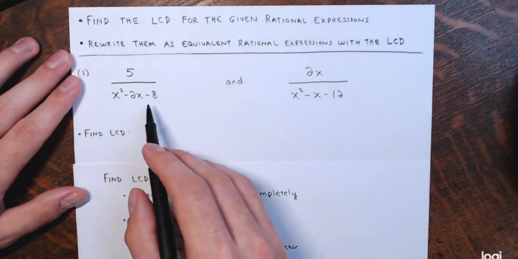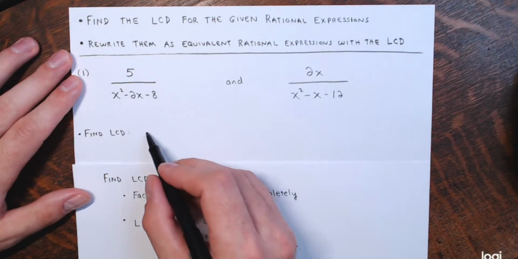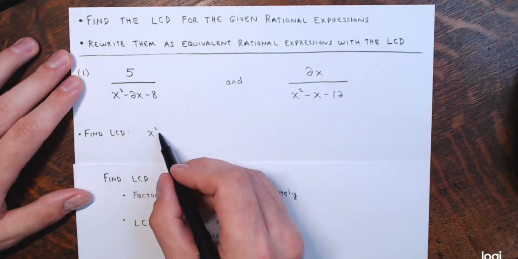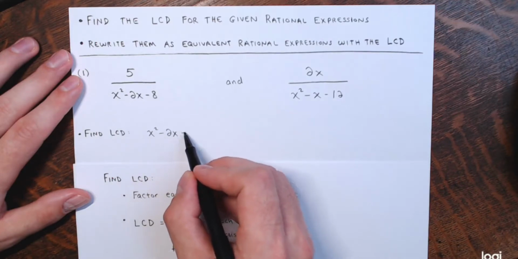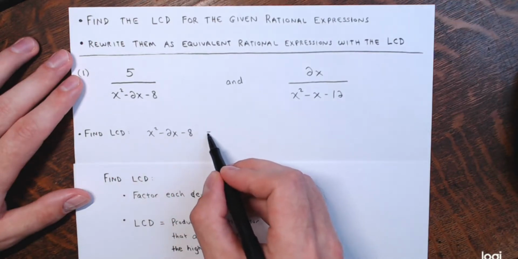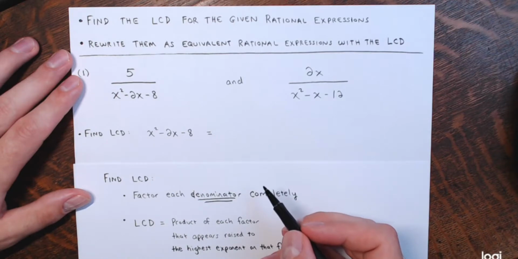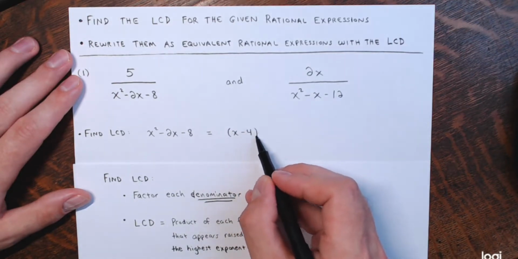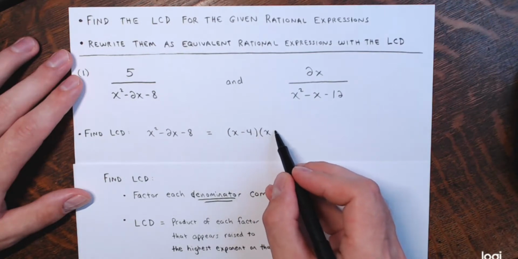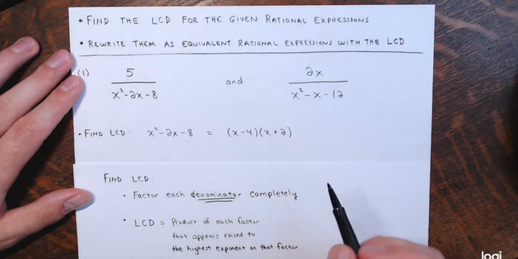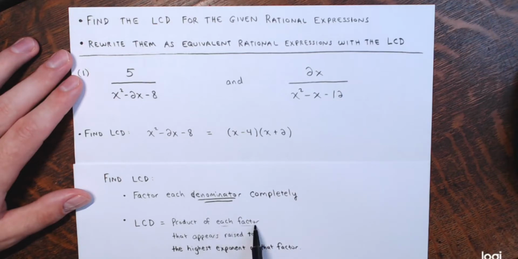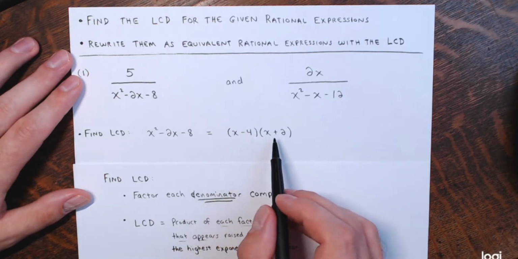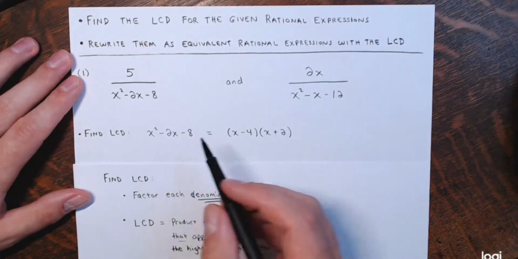So first I factor the denominators. The denominator of the first fraction is x squared minus 2x minus 8. When I factor this completely, that would factor to x minus 4 times x plus 2. So when I say each factor that appears, the factors that are appearing here are x minus 4 and x plus 2.